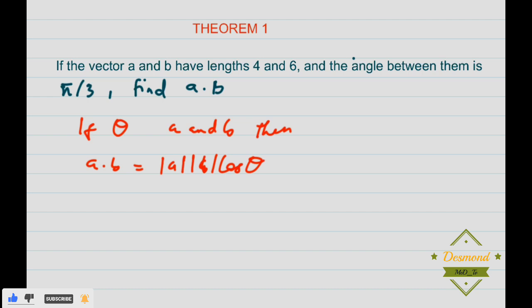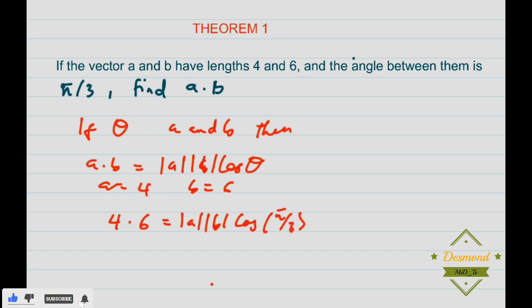So we have A and B, where the modulus of A is 4 and the modulus of B is 6. Therefore, we have A dot B equal to the modulus of A, modulus of B, then cos pi on 3, right?